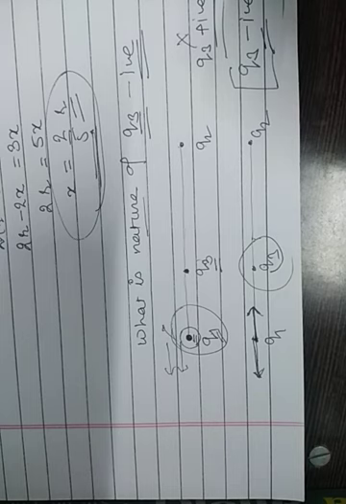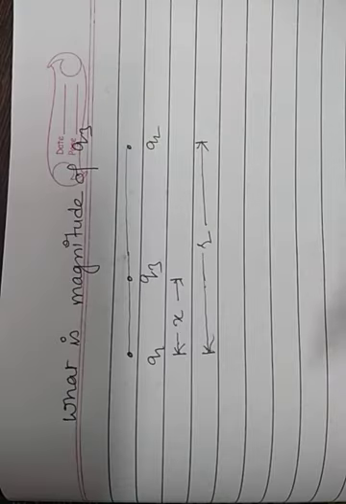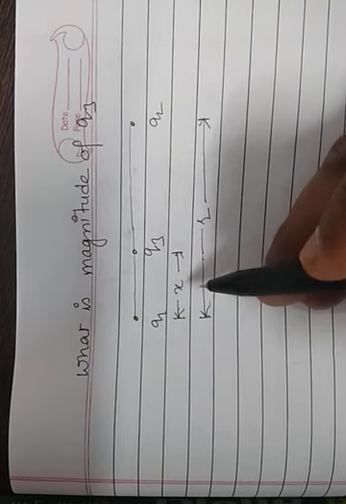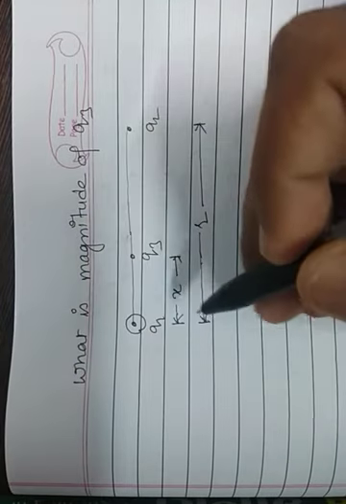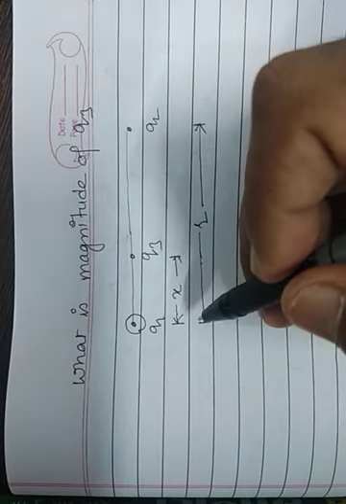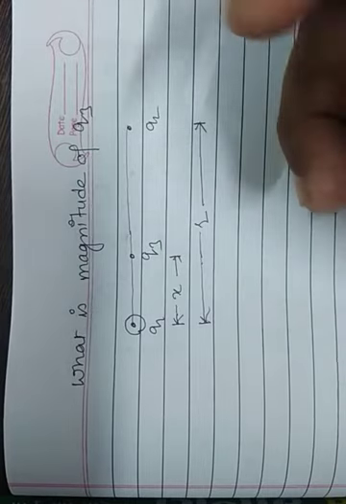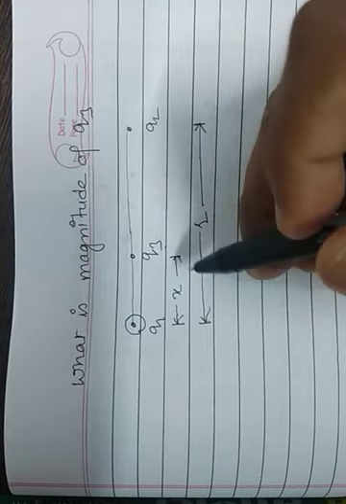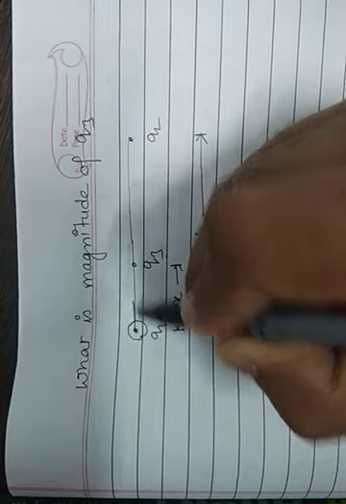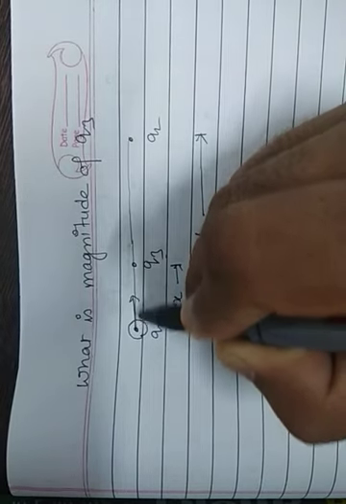Now I will find out the magnitude of q3. For calculation of the magnitude, consider q1 to be in equilibrium. It is given in the question also that the system is in equilibrium. Now we know that this q3 is negative. So if q3 is negative, the force on q1 due to q3 will be an attractive force.